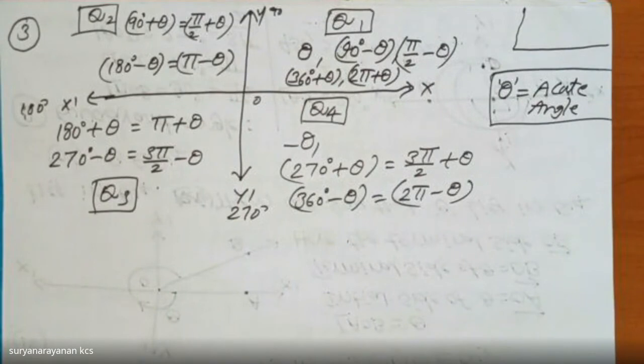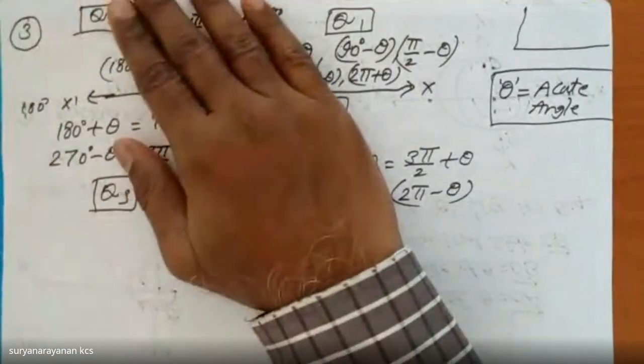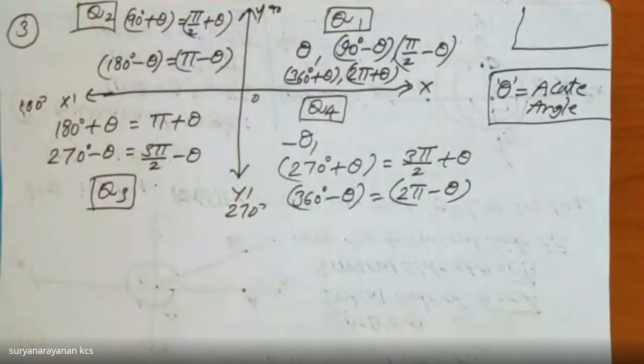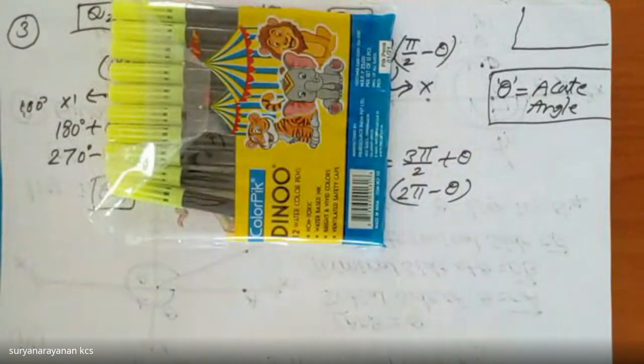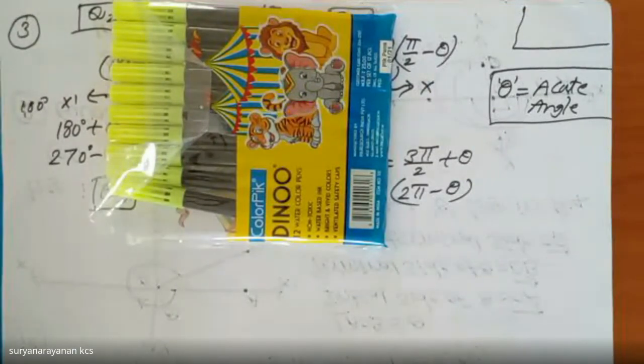Now, I will check with just a small quiz. 180 degrees minus theta. In which quadrant does that angle lie? Don't see the figure. Can you tell me? 180 degrees minus theta means, as I said clearly, minus means less than 180, less than 180 and greater than 90.